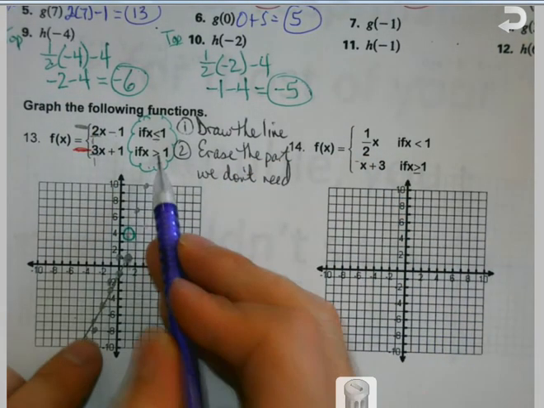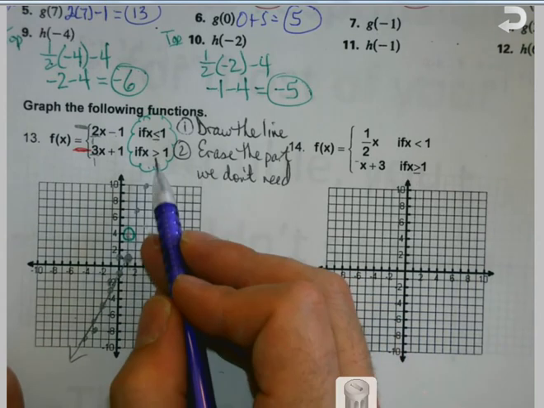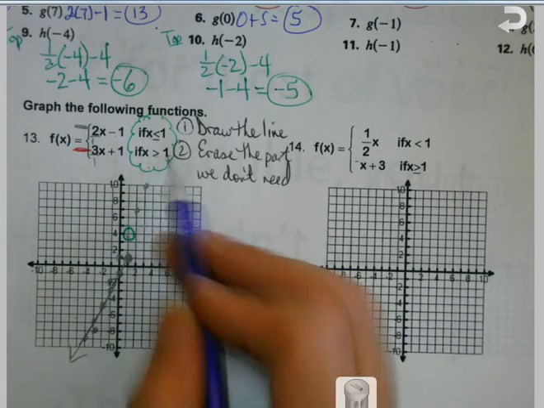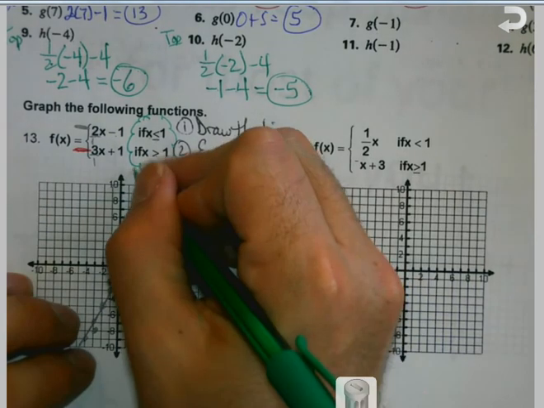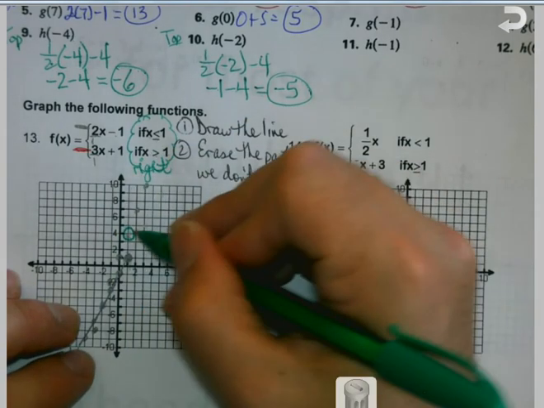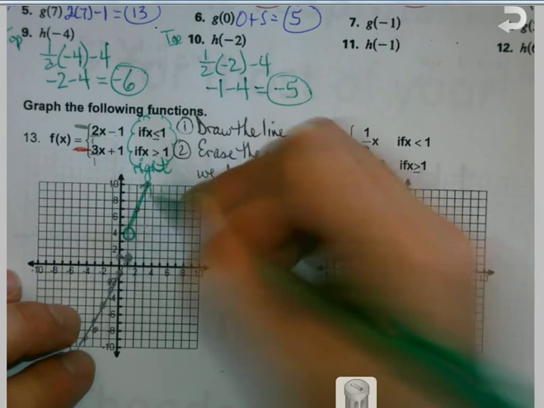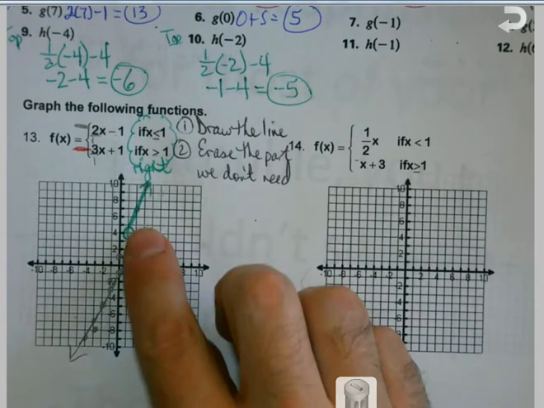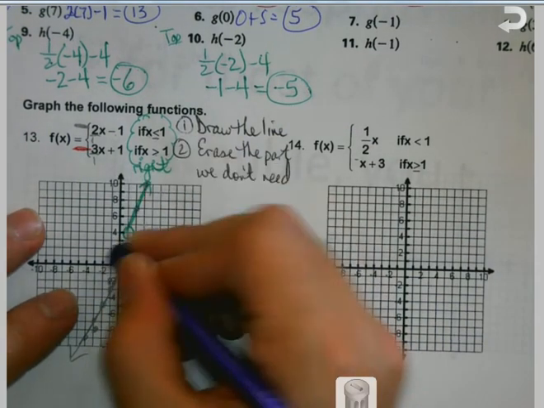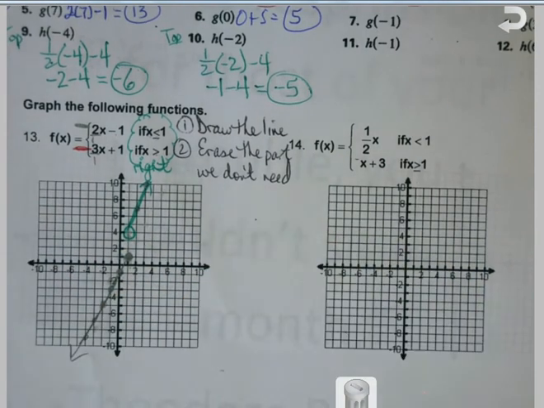But since there's no line, this has to be open to say I don't want this value included. And greater than 1 means I'm graphing to the right of this. I want the points that are going to the right of that dot. If you're a point I just made on this line and you're to the left, I don't need it.